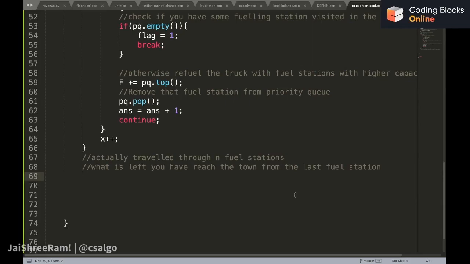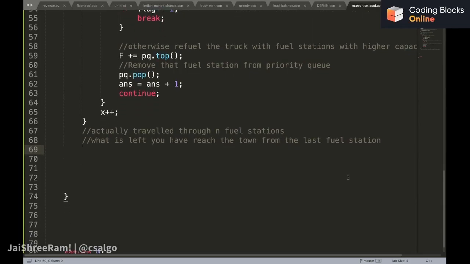One thing we can do here is, if flag is 1, that means the solution is not possible, we can just do cout -1 and endl without checking any further. So we say continue. Otherwise we can check if we can reach the town.